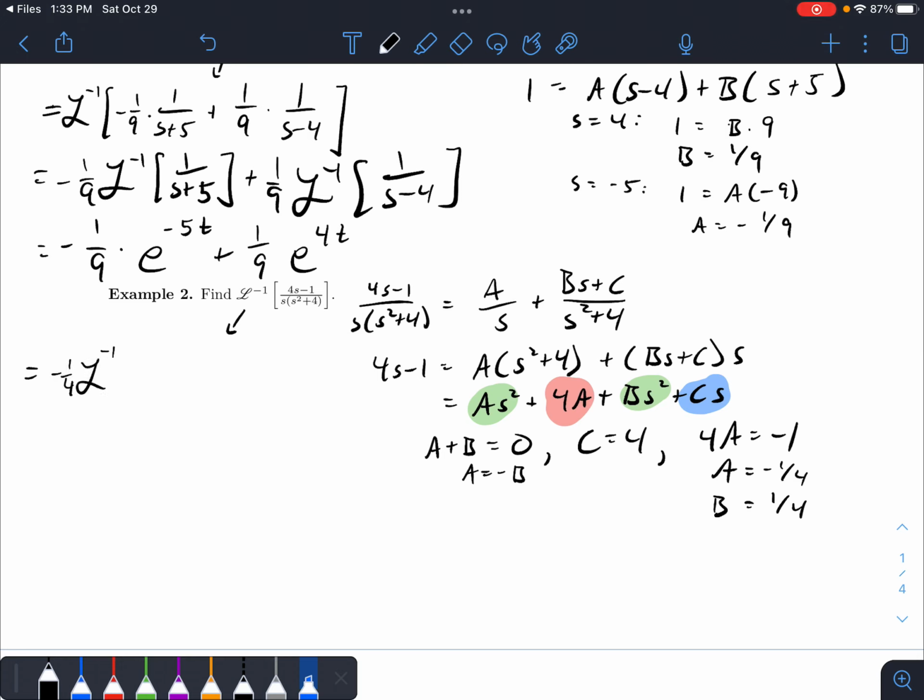So a is negative 1/4, so negative 1/4 times the inverse Laplace of 1 over s plus, and I'll go a little bit slower here, the inverse Laplace of bs plus c, where b is 1/4 and c is 4.